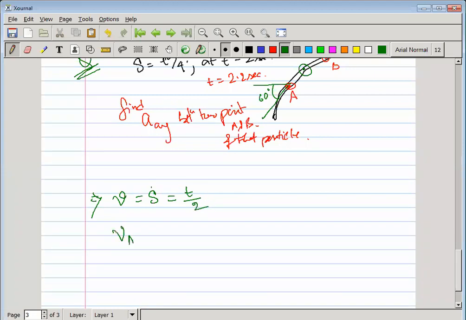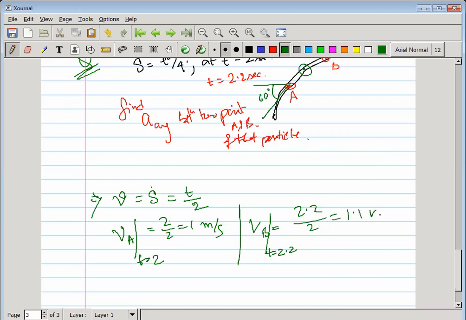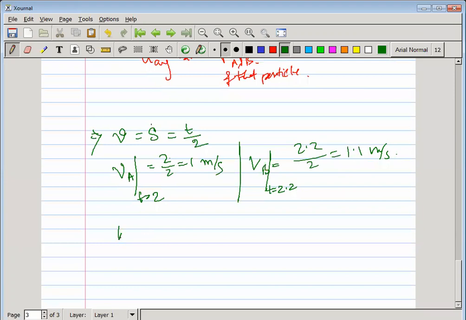Now velocity at A means when t is equal to 2, so 2 by 2, it is nothing but 1 meter per second. And similarly VB, when t is equal to 2.2, is 1.1 meter per second. So it is clear.